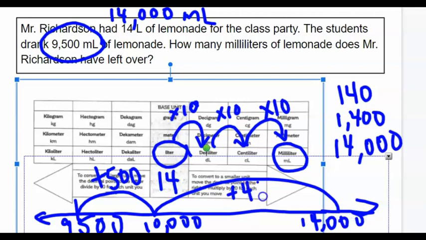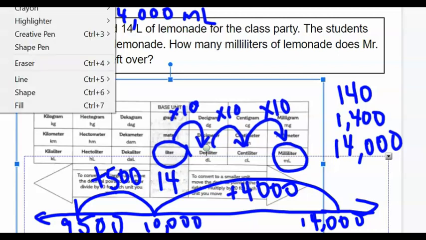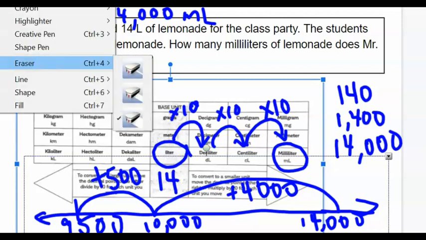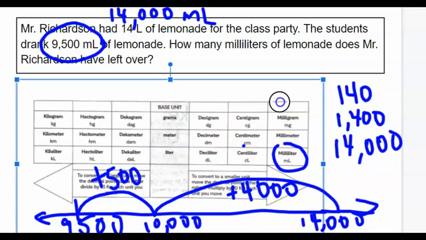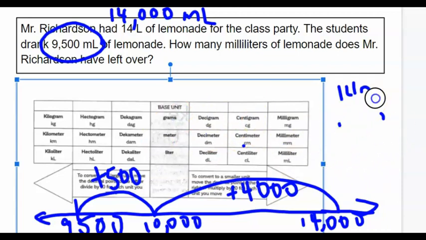That's 4,000 more, right? So what was the difference between these? Let me erase this part here so I can see my work really well with this number line.